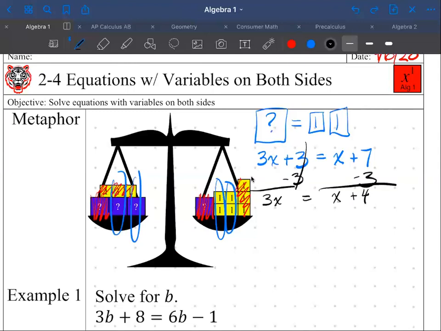Now you have to subtract x on both sides. Perfect. And what do we have after we do that? 2x equals 4. Perfect. And then our final step, again, someone new.